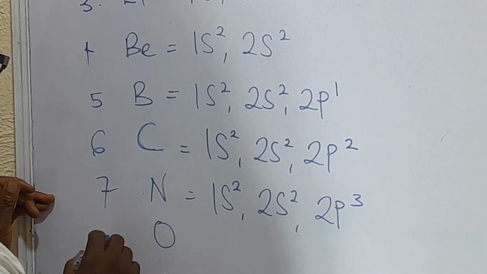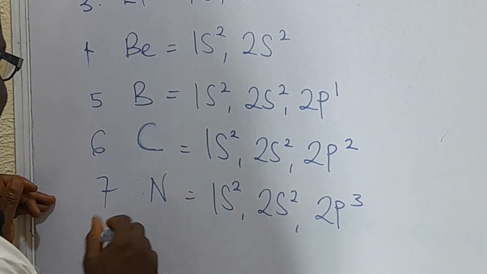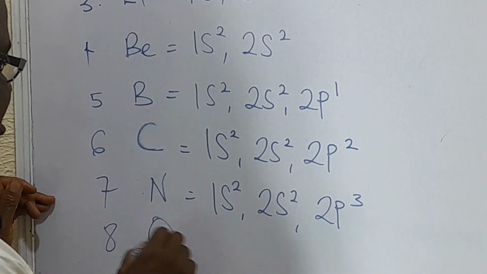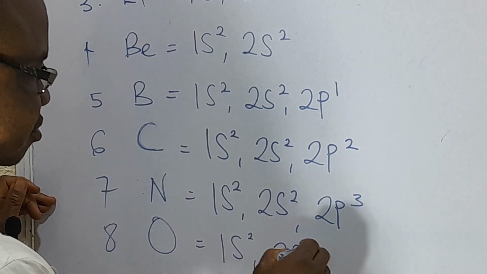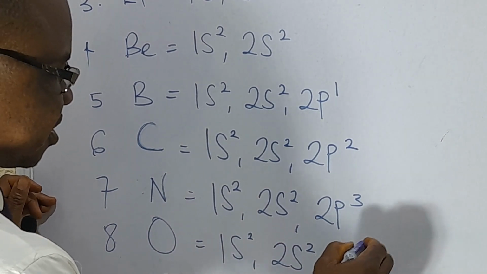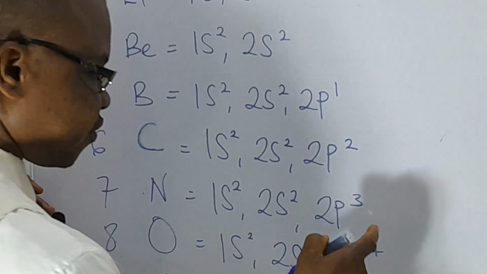Element number 8 is oxygen: 1s2, 2s2, 2p4. 2 plus 2 plus 4.